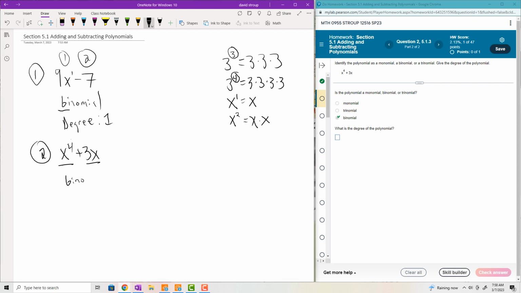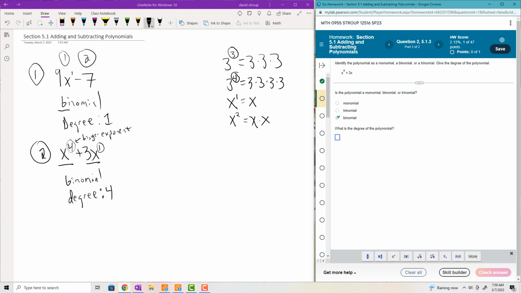So you have this exponent of 4, and on the other one you don't see it, so you just presume it's an exponent of 1. So for the degree, you take the highest exponent. In this case, it's not 1, it's 4. You want the biggest exponent. So it's a binomial, and the degree is 4.